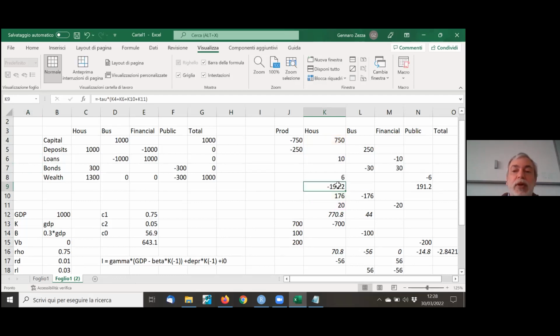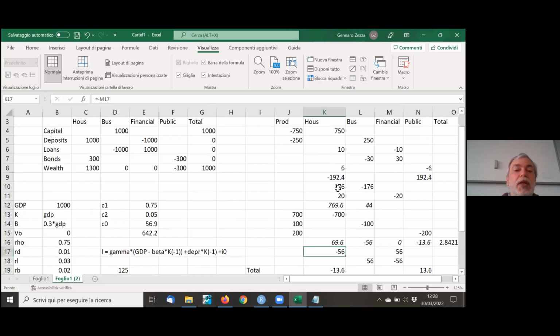No, you're correct. We forgot to include K8. Thank you. So this was going to give us a mistake when we try to solve the model. Now this has changed the value of disposable income.